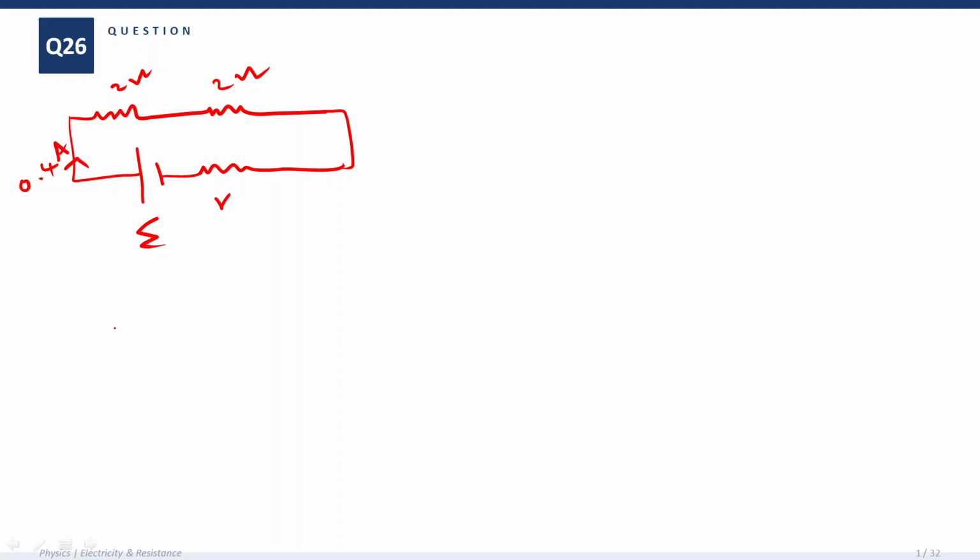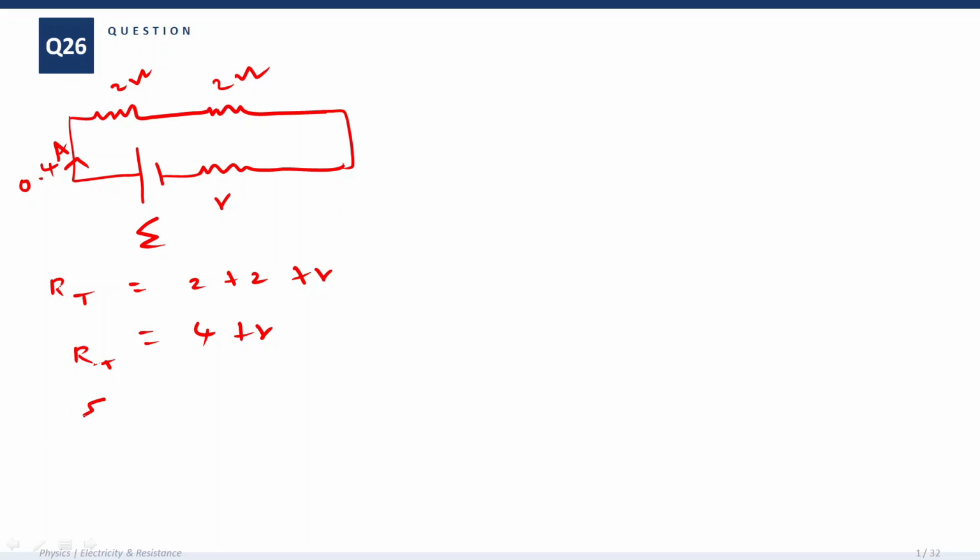The total resistance, I will write here RT, equals 2 plus 2 plus R. Then total resistance is 4 plus R.